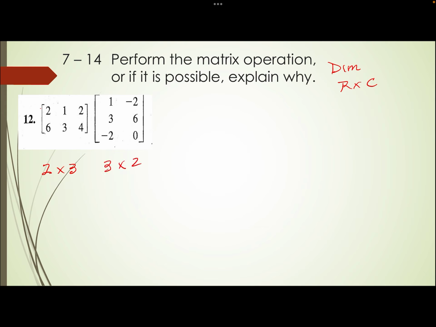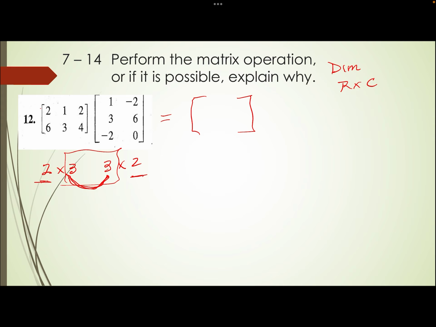Since we're multiplying a row by a column, these have to match. So because these two match, I can multiply these matrices. And the answer is the outside. So when I multiply these two, I'm going to end up with a 2 by 2 matrix.